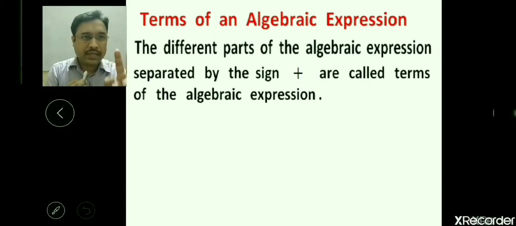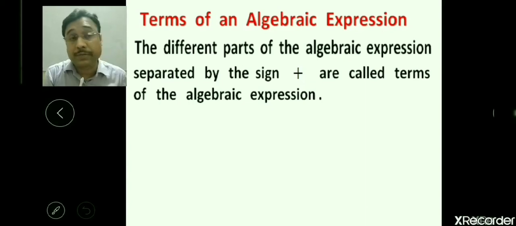Okay, so generally it is a misconception that people understand them to be separated by minus. I would like to clear it very clearly that they are separated by the sign plus only. The different parts of the algebraic expression are separated by the sign plus and are called the terms.